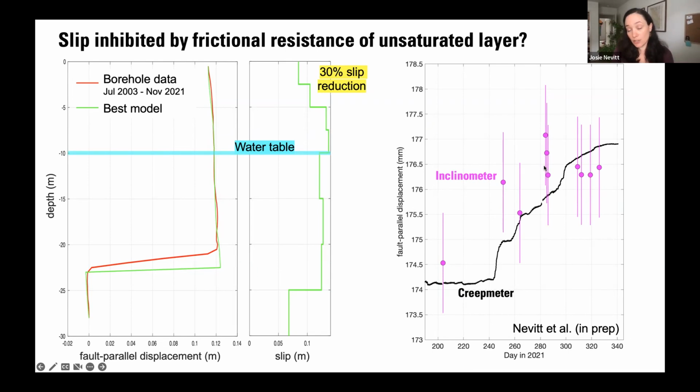So you can see that at day 285, the inclinometer measurements plateau off while the creep meter continues to increase and then accelerates during this rain event. So this is consistent with the idea of a frictionally strong unsaturated layer that's lubricated during the rain event. And it suggests that our fault displacement hazards at the surface may be seasonally dependent.